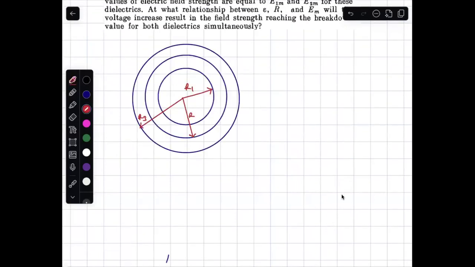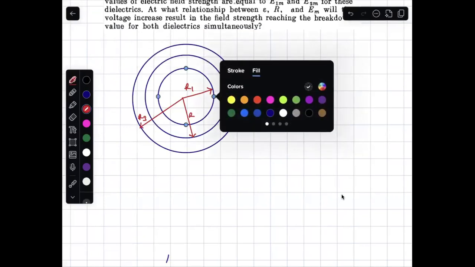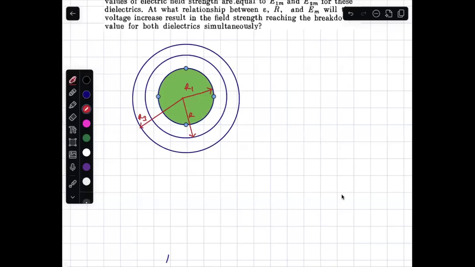You can see three regions. Whatever you are seeing over here, that green portion is what we will call the conductor, surrounded by a medium whose dielectric constant is epsilon 1, and the other medium whose dielectric constant is epsilon 2.